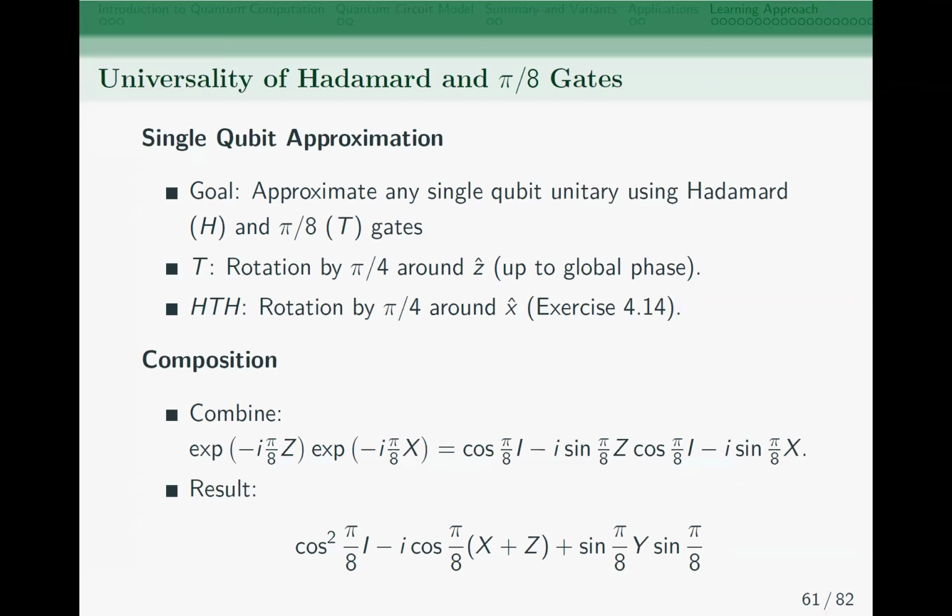So I have one axis, which is Z. But in order to use this Euler angle theorem, I need another axis which is not parallel to Z. So let's say I take the Hadamard gate, which I conjugate with T. As I said, Hadamard will swap Z and X. So if you sandwich T with Hadamard gates, you get a rotation by pi over 4 about X. You can use the X axis as well.